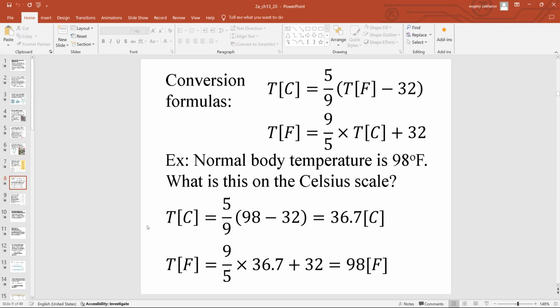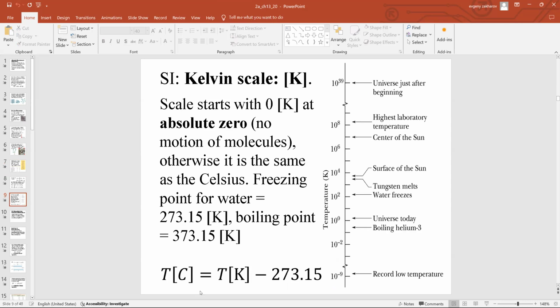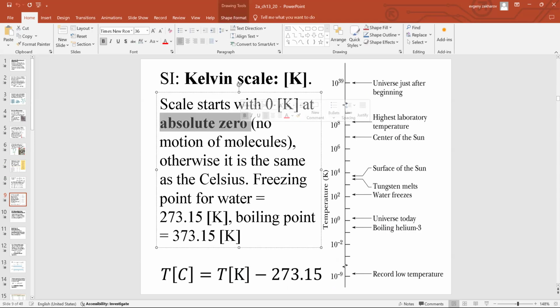And from Celsius to Kelvin, you can see the conversion is very straightforward. You just add 273 to Celsius to get to Kelvin, or you subtract 273 from Kelvin and you get to Celsius. So very easy and straightforward conversion. And what's good about Kelvin, there is such a thing as absolute zero. That means at that temperature, there is no motion of molecules whatsoever.